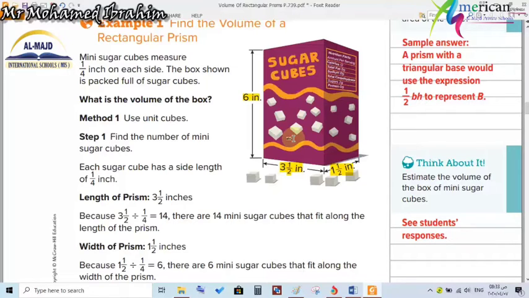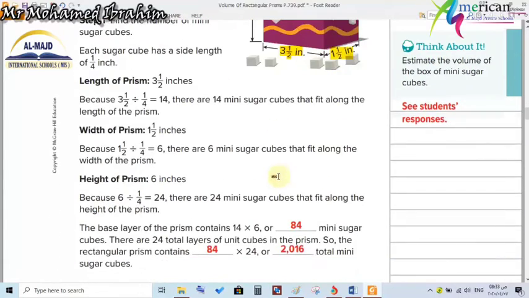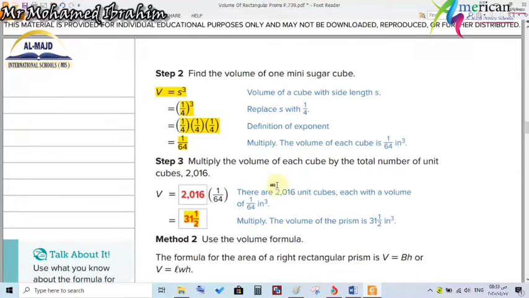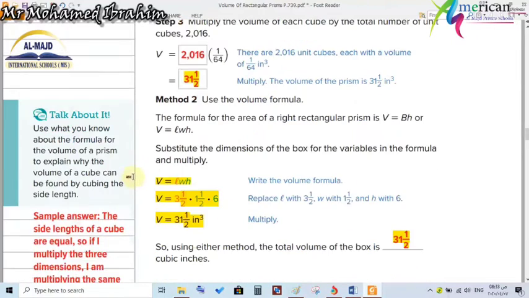What is the volume of the box? You can find the volume of the box by multiplying 6 inches times 3.5 inches times 1.5 inches. 3.5 times 1.5 times 6 equals 31.5 cubic inches.